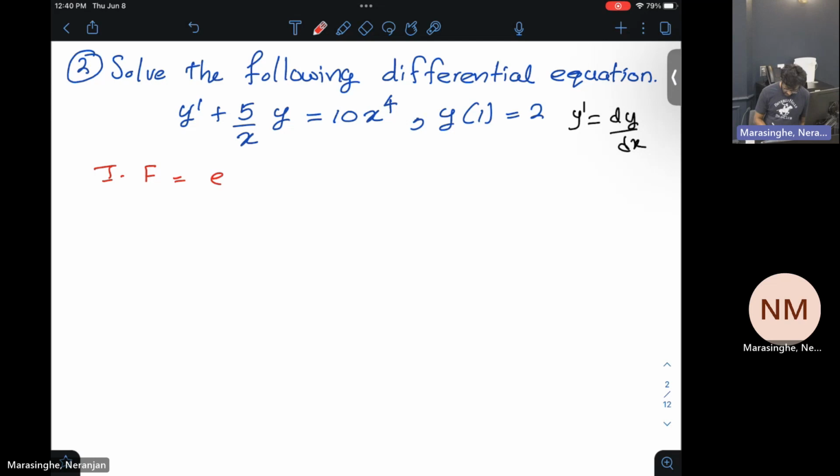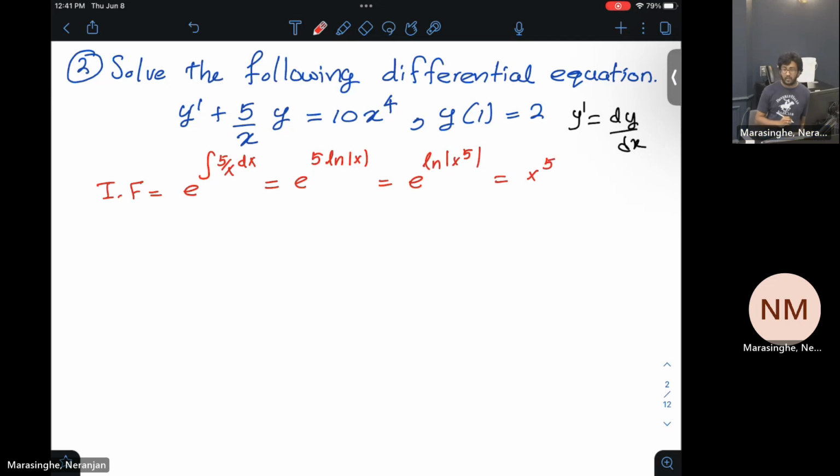The integration factor is equal to exponential of integral 5 over x dx, which is equal to exponential of 5 times natural logarithm of x, exponential of natural logarithm of x to the power 5, which is equal to x to the power 5. That's the integration factor.